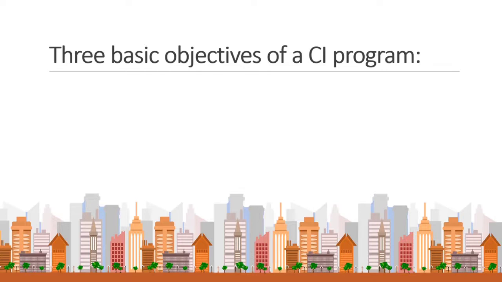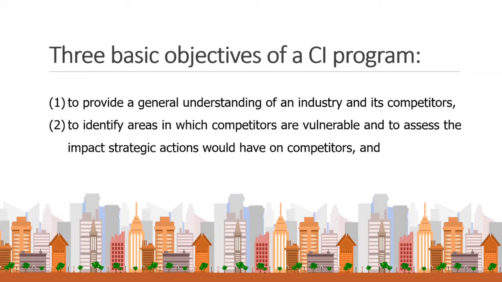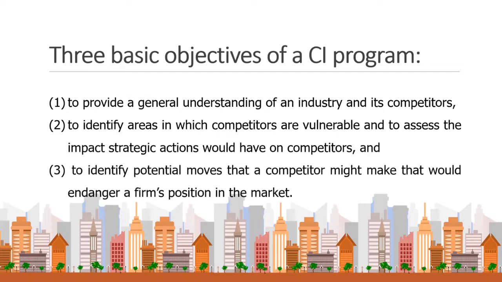Therefore, firms need an effective competitive intelligence or CI program, and we have here 3 basic objectives. First, to provide a general understanding of an industry and its competitors. Second, to identify areas in which competitors are vulnerable and to assess the impact strategic actions would have on competitors. And lastly, to identify potential moves that a competitor might make that would endanger a firm's position in the market.